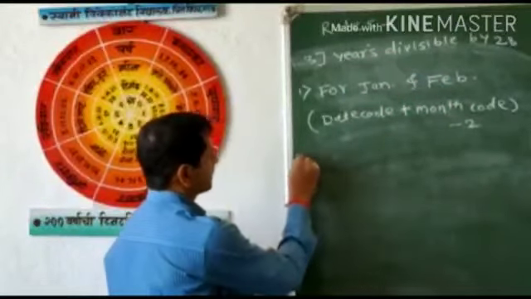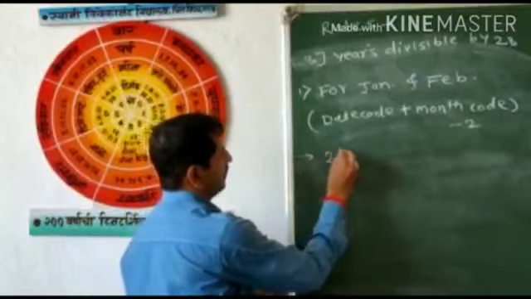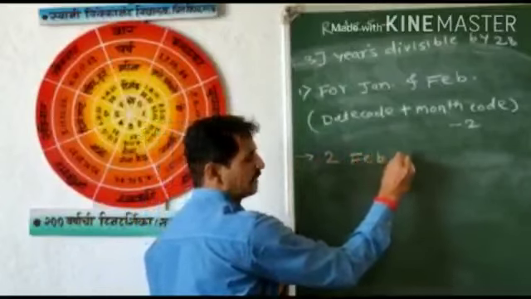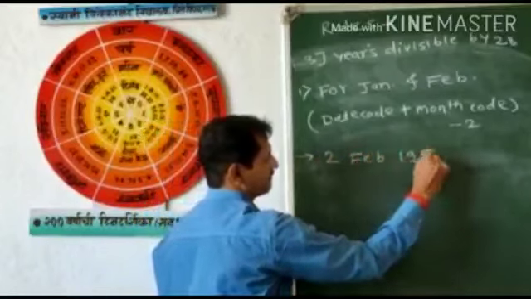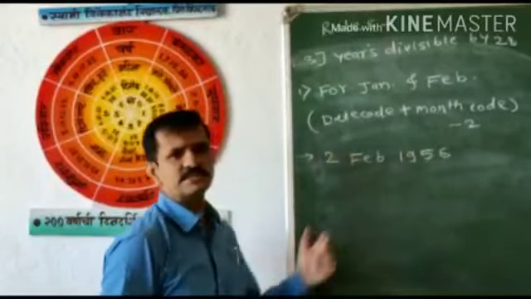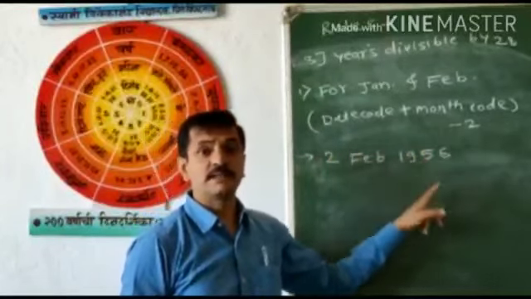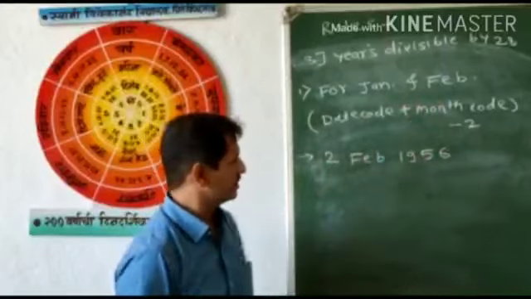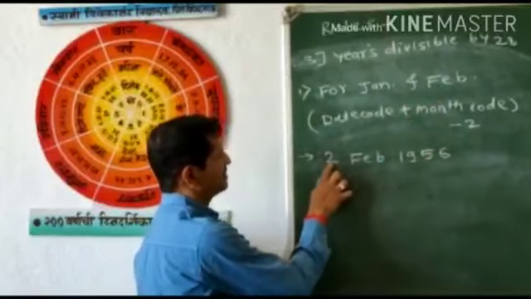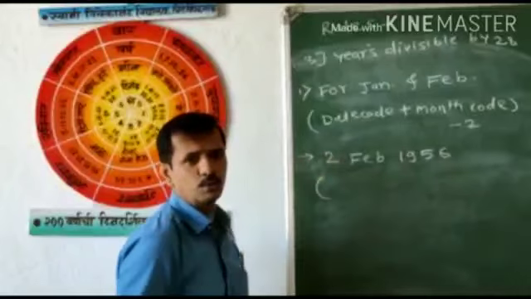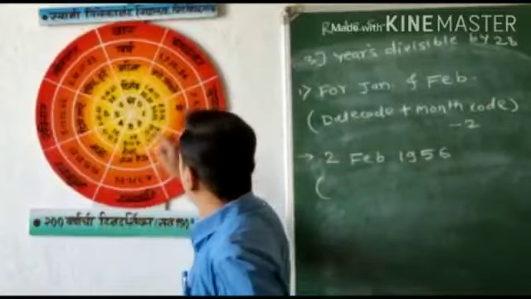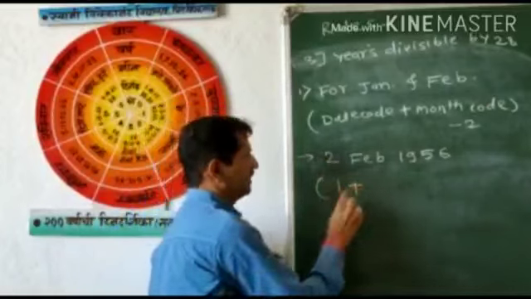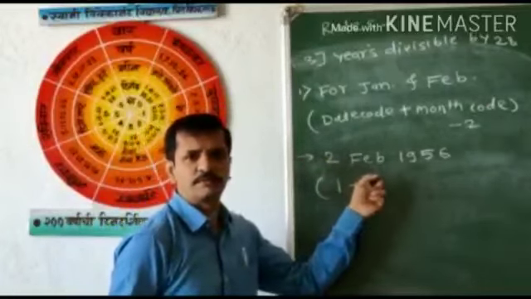For that we find what is the day on 2nd February 1956. 1956 is a leap year, but that year is divisible by 28. So first find for date 2, date has code 1. Now we find month code for February.